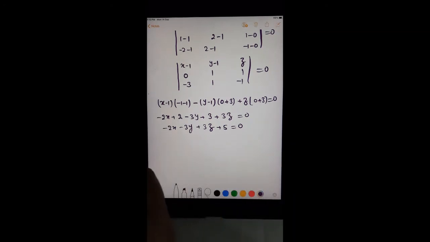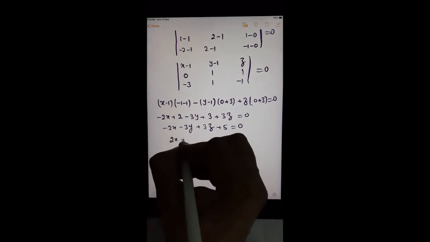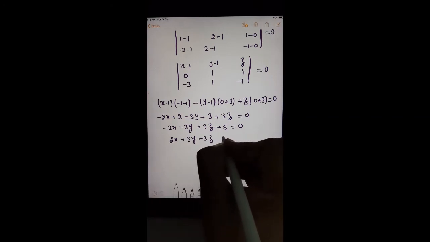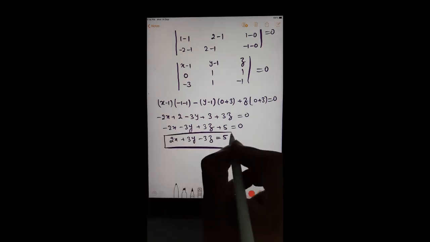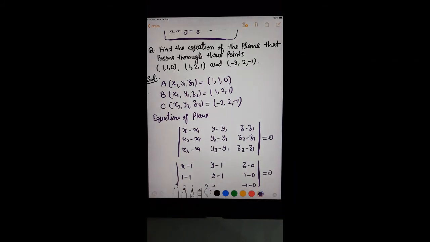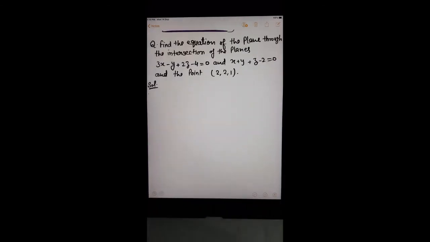If we multiply by -1, then we get 2x plus 3y minus 3z minus 5 equals 0. So we can write it equals 5. This is the equation of the plane that is passing through these 3 given points (1, 1, 0), (1, 2, 1), (-2, 2, -1). Now let us take another question.